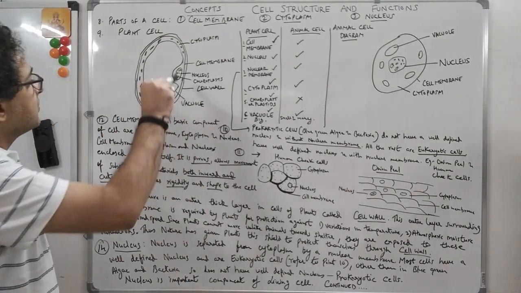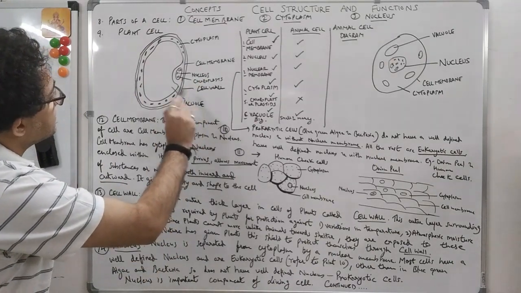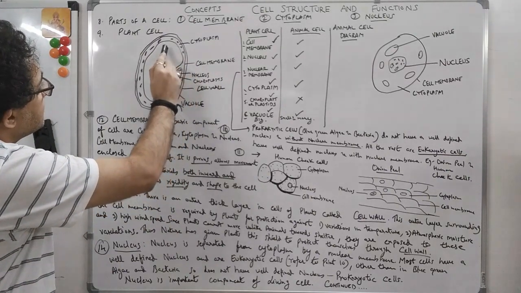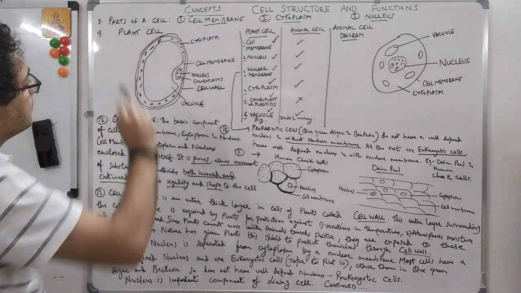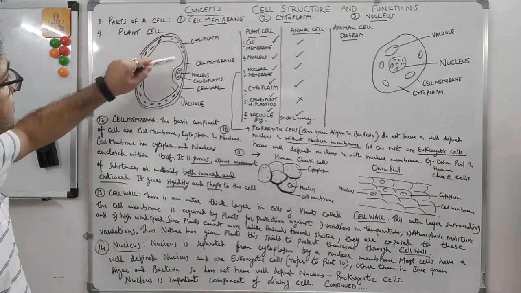So this is the diagram of a plant cell, and see, cytoplasm. Where is cytoplasm? This is cytoplasm. It is between the cell membrane and the vacuole. So cytoplasm is a jelly-like substance.